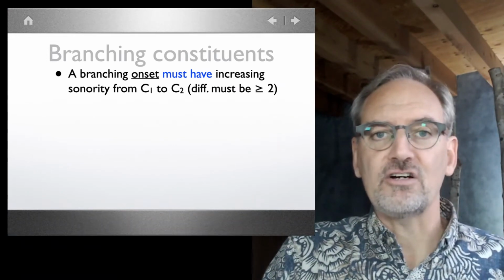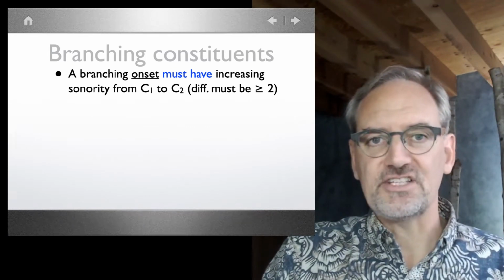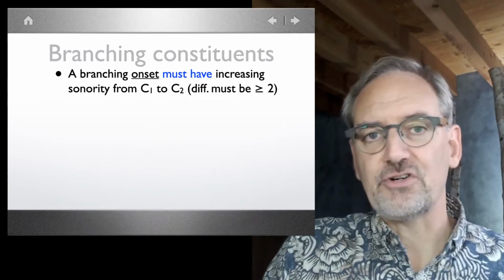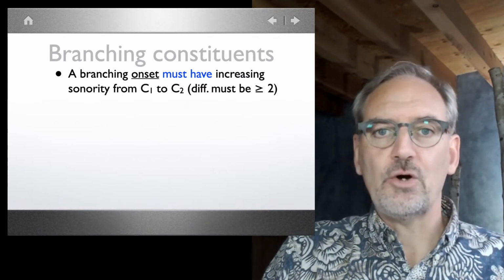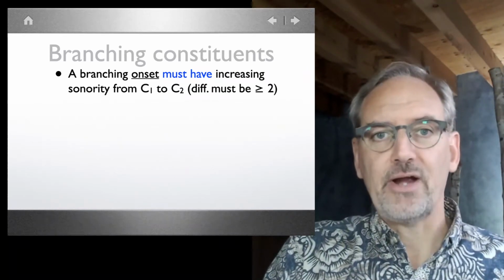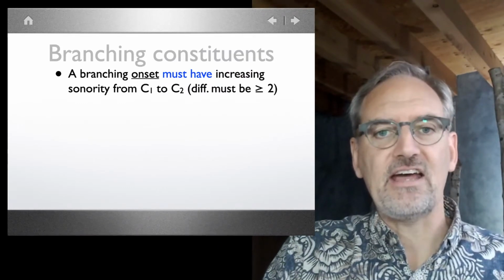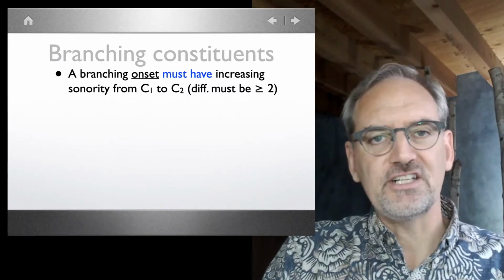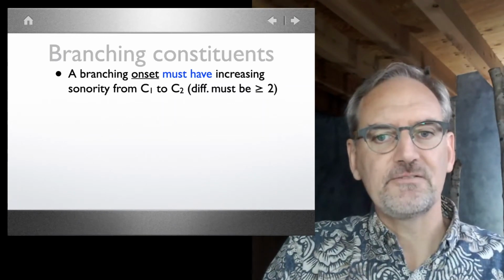In fact, there are limits on the sequence of segments, and those limits will be different for different languages. So in the case of English, a branching onset must have increasing sonority from the first consonant to the second consonant.